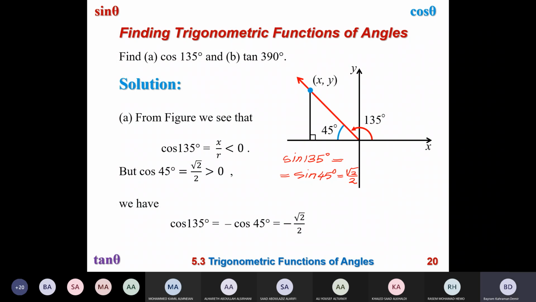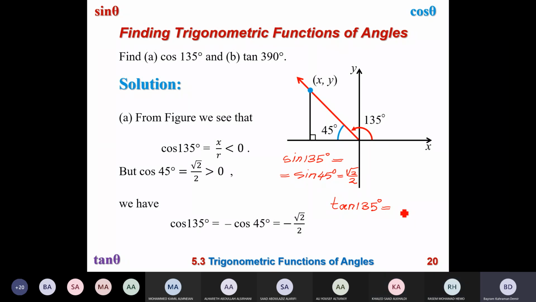And maybe we would like to calculate tangent of 135. Is the tangent negative or positive in the second quadrant? Negative.